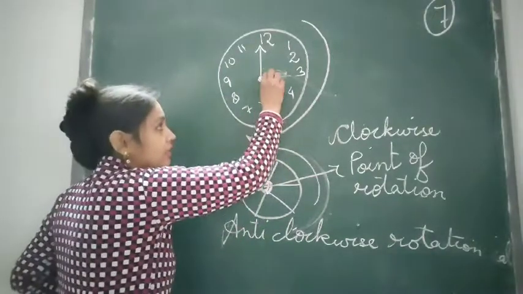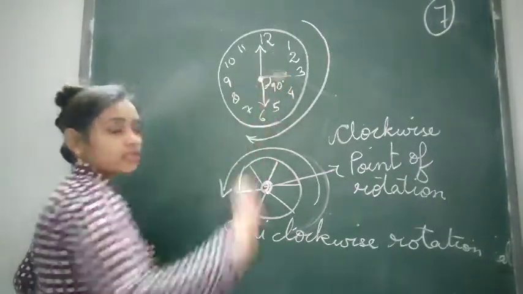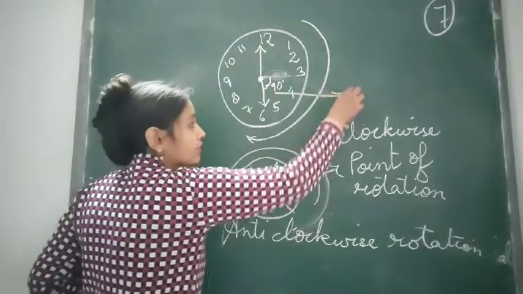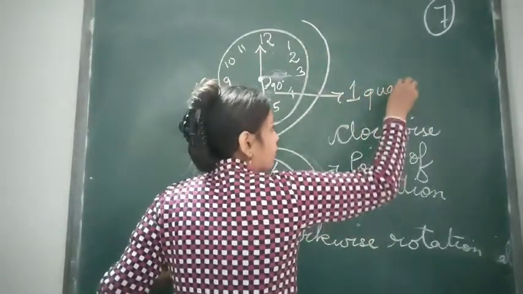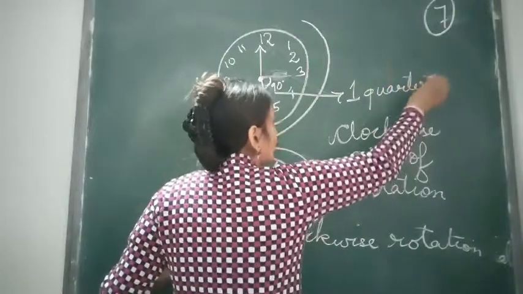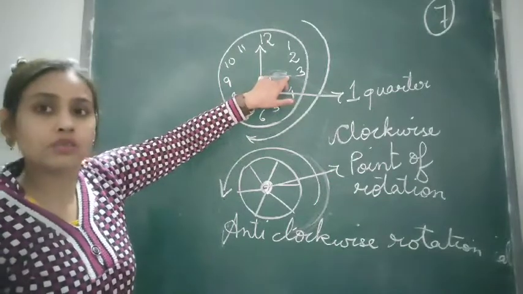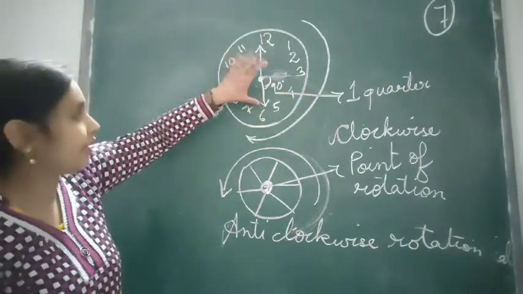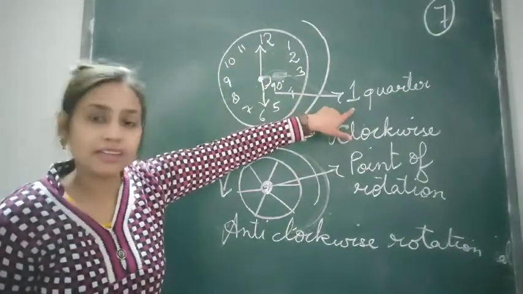Now, this is an angle of 90 degrees. It is the movement of 1 quarter. So for an hour hand to move from 3 to 6, it needs to be displaced 1 quarter.